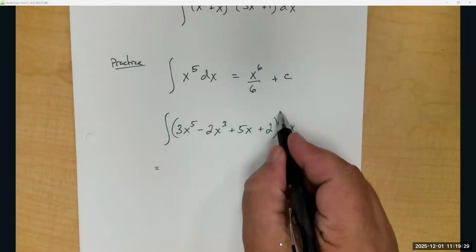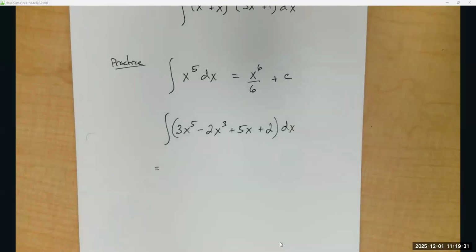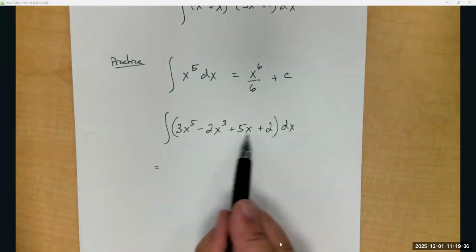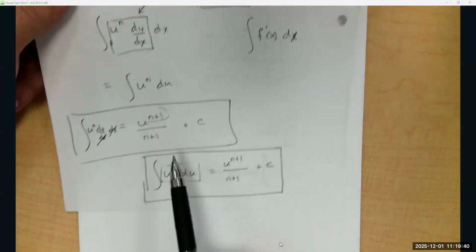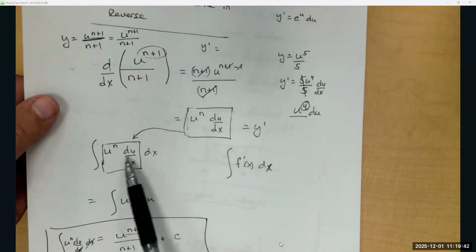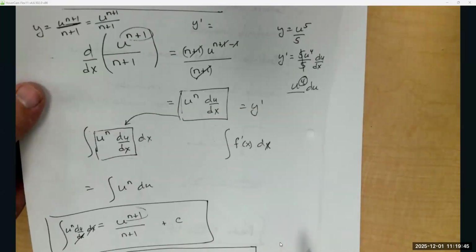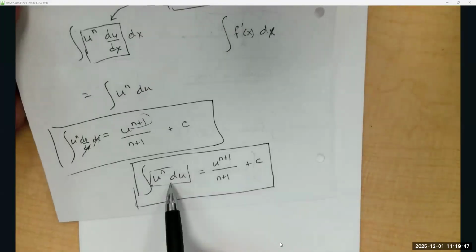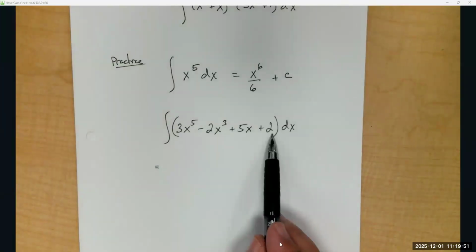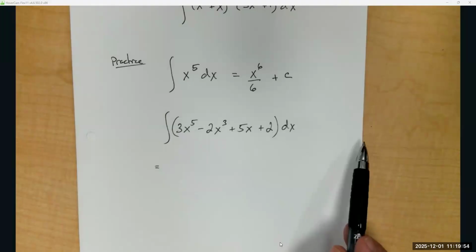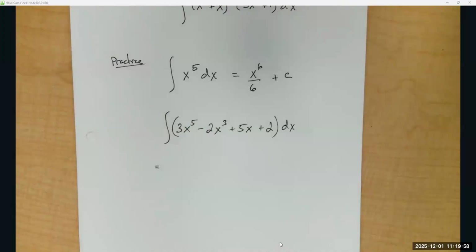Yeah, because the power here is 1. But even if it was so, wouldn't that be the u? We would need to have du dx behind it. In order for this to work, we have to have the du. So if this is the u, where's the du? So good try. I see the thinking there, but no.